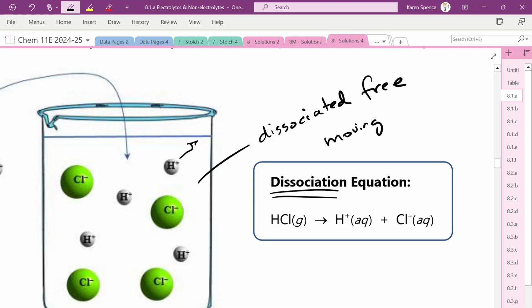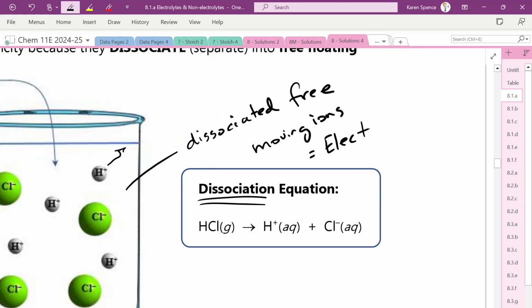Dissociated free-moving ions, and therefore we have an electrolyte. Again, we've got H plus and we've got Cl minus. Whenever you have a dissociation, you should have ions at the end.